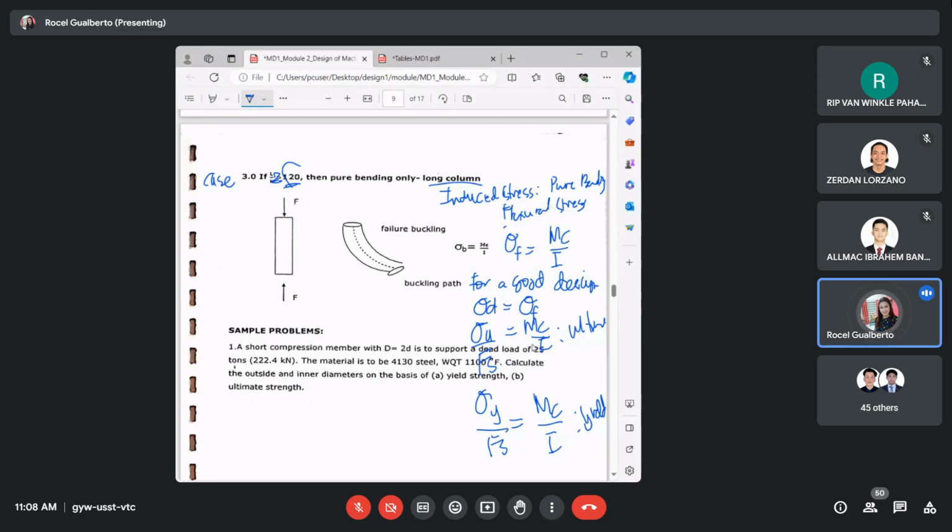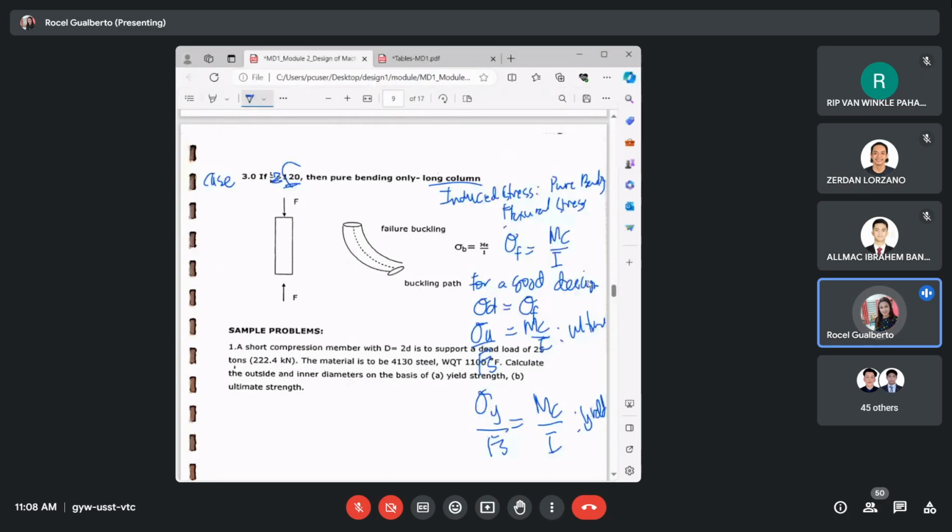Okay? So, ito po sa case 3, hindi ko muna po siya ganon na i-detail. Kasi meron po tayo yung separate topic, okay, of machine members under pure bending. And this is similar po doon, okay? Kaya hanggang doon lang muna po tayo on the designing based on ultimate and yield and equating the design stress to the induced stress.